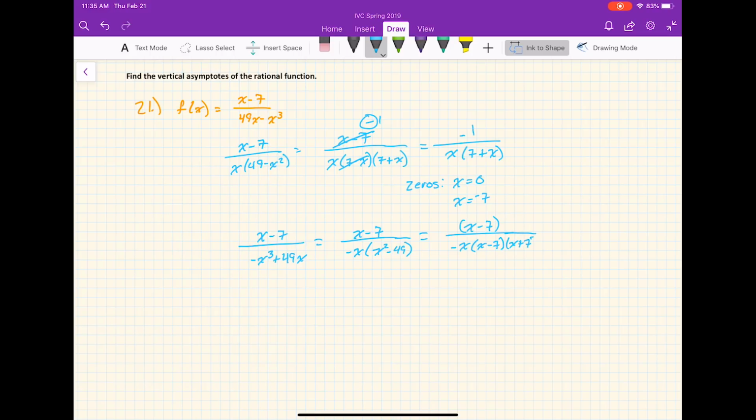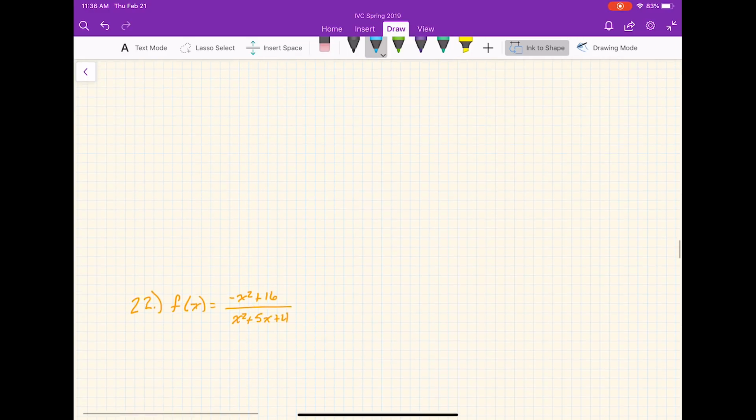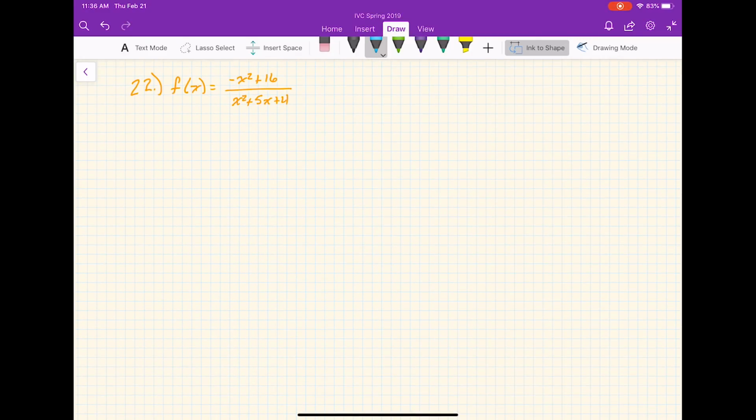So now you can see they're actually in the same order. So when I cancel them out, I don't have to add any sort of negatives. So the top is x minus 7, and the bottom is negative x, and then x plus 7. So I get the same zeros. And I also have a negative in there, which was this negative x here. So still a negative, right?